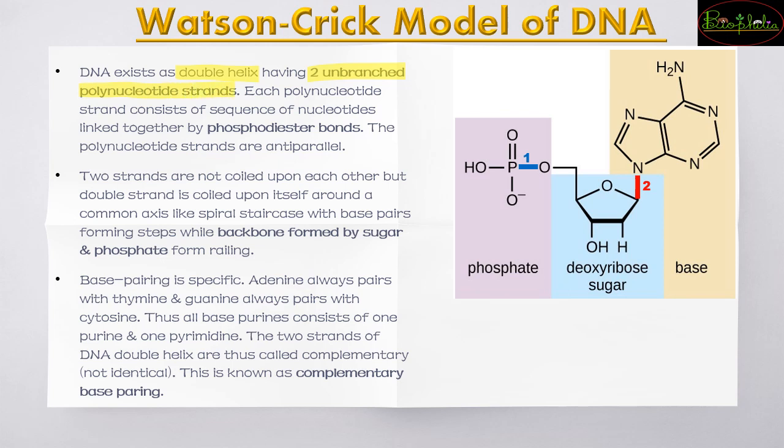These strands are going to be linked together by phosphodiester bonds and they will run anti-parallel. Anti-parallel run कर रहे हैं, मतलब what do they mean by it? So one strand will be having 5 prime and other will be having a 3 prime end.